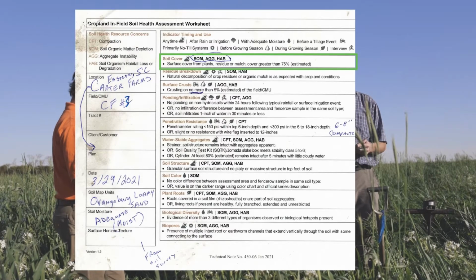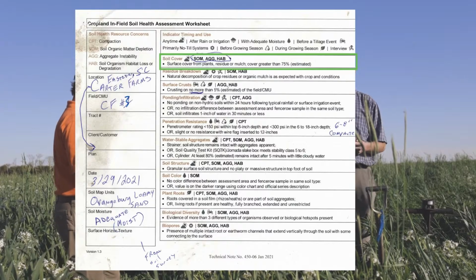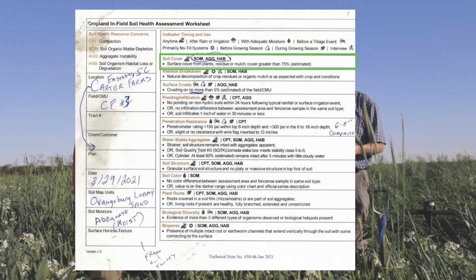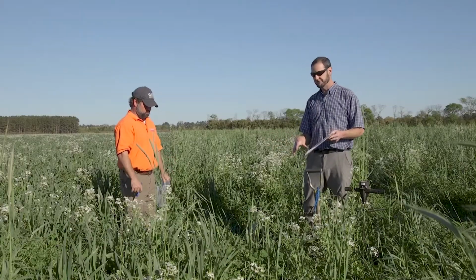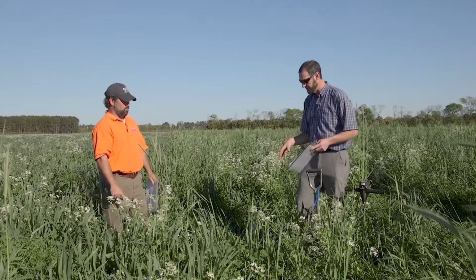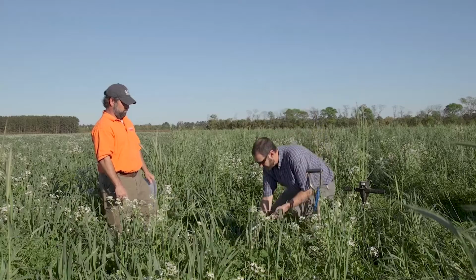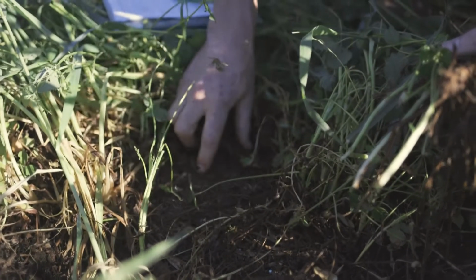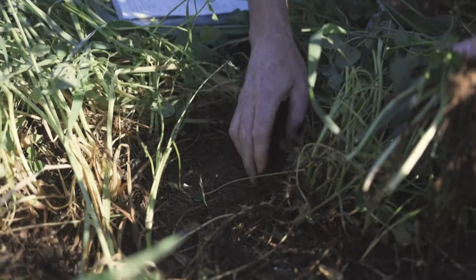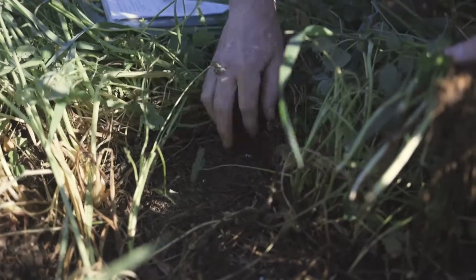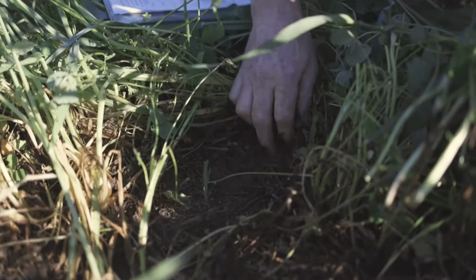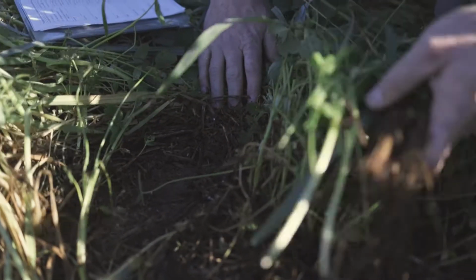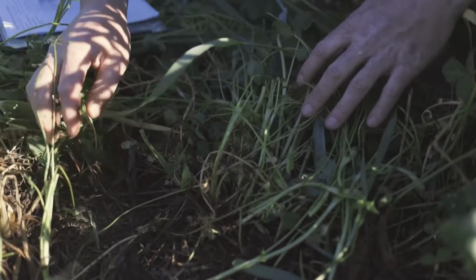The question is: is surface cover from plants, residue, or mulch greater than 75%? It's just an estimate. We're standing in a field that has living cover on it, and we can rake back to see what we have on the soil surface. From the interview with the producer, we have some residue from last year's summer cover crop planted following wheat.